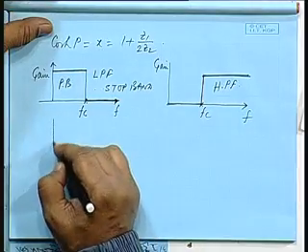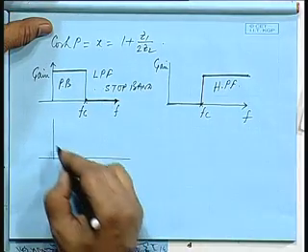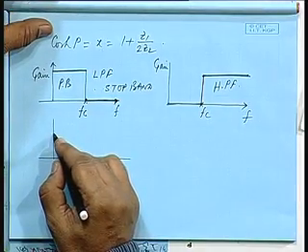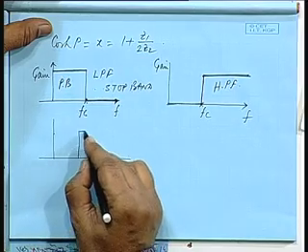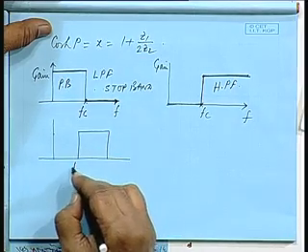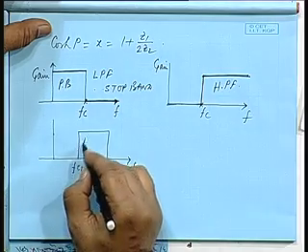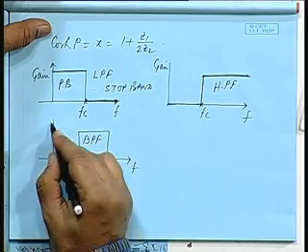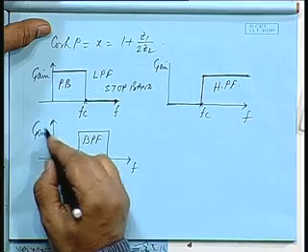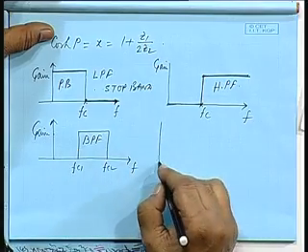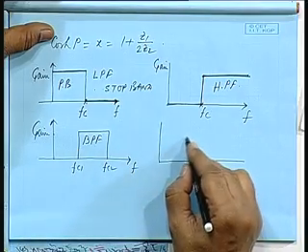Similarly, we also have a band pass filter, that is, a certain band is allowed, FC1 to FC2. This is a band pass filter, and we also have a band gap or band reject filter.